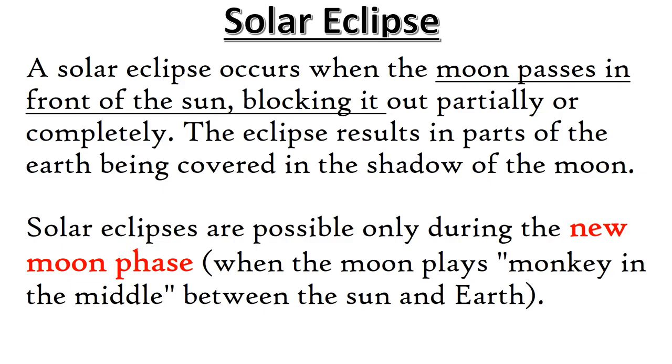A solar eclipse occurs when the moon passes in front of the sun, blocking it out partially or completely. The eclipse results in parts of the earth being covered in the shadow of the moon. Solar eclipses are possible only during the new moon phase, that is, when the moon plays monkey in the middle between the sun and the earth.